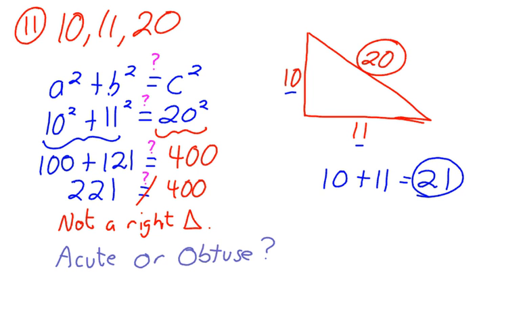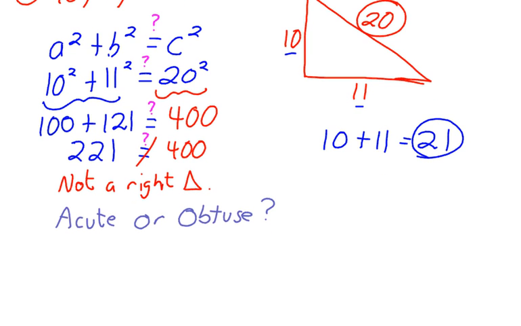The way we tell is I always compare c squared to a squared plus b squared. If c squared is higher than a squared plus b squared, which is the case here, 400 is greater than 221, greater, larger, implies obtuse.